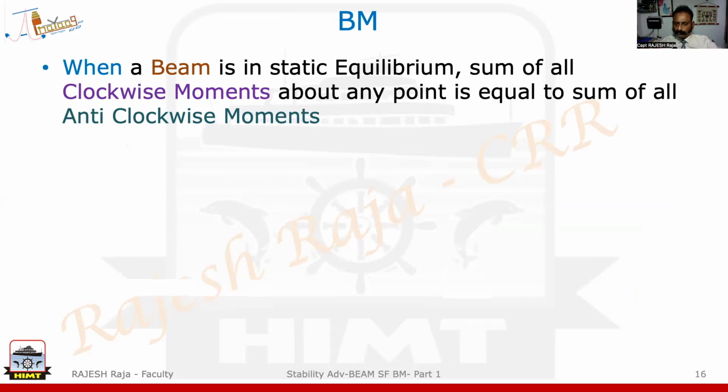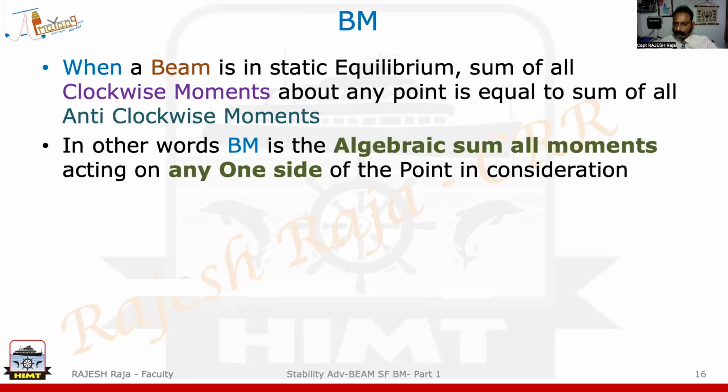You have to tell it in a mathematical way: sum of all clockwise moments about any point is equal to sum of all anti-clockwise moments. In other words, the algebraic sum of all the moments acting on one side is how you calculate your bending moment.